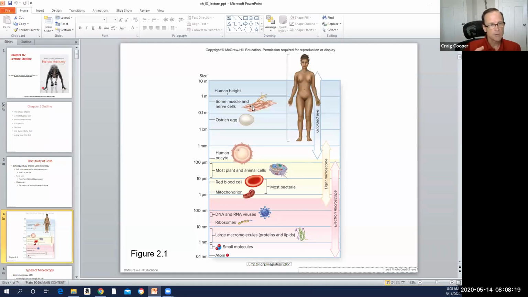So in that case, we've got 2 cells, those 2 neurons, one going from the brain all the way down the spinal cord, and then one going from the spinal cord all the way down our leg, that are each one individual cell. And so each of those could potentially be 3 feet long. If you look at somebody that's 6 feet tall, it's not out of the realm of possibility that those cells might be that long.